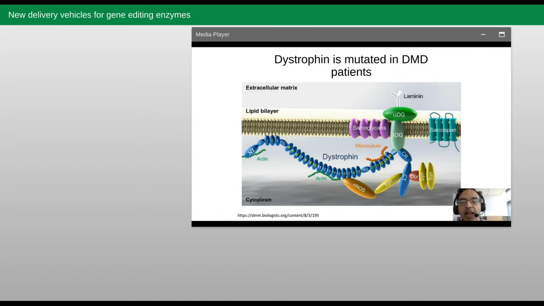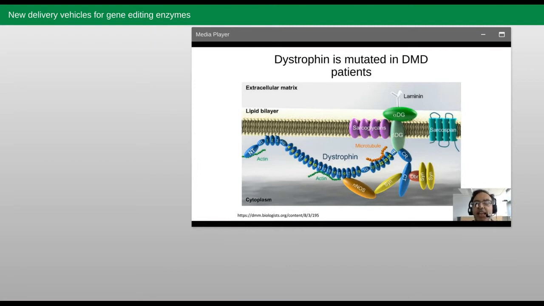The reason we need dystrophin is that our muscle tissues are undergoing constant stretching because of their contraction cycles, and the stretching, it turns out, is very damaging to their membranes and very damaging to the cells, and dystrophin protects them from that constant physical trauma. However, patients with Duchenne's muscular dystrophy have a mutation in the dystrophin gene. They don't make functional dystrophin, and their muscle tissue eventually dies off, and that leads to their death.